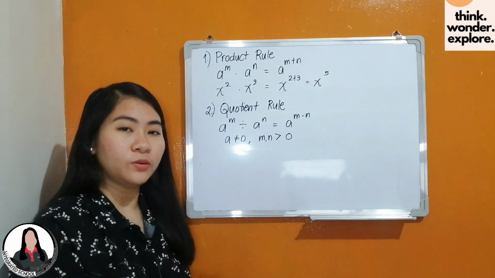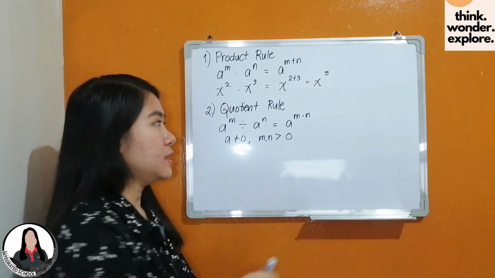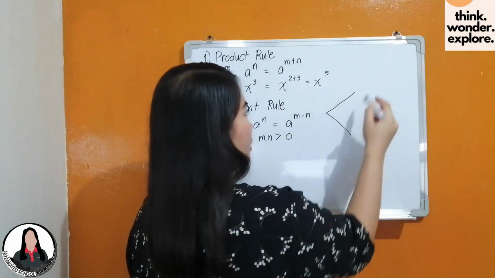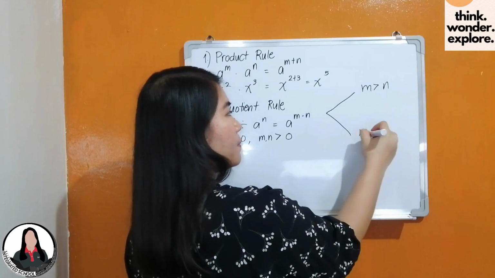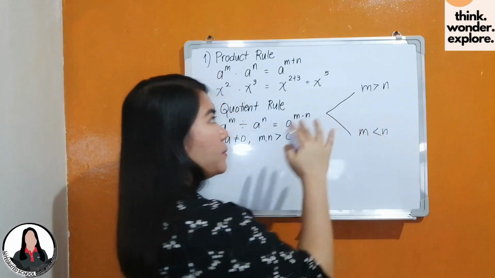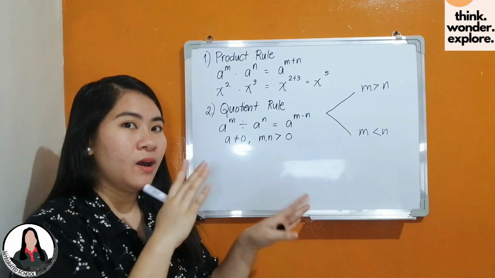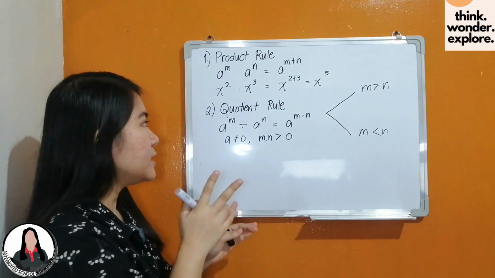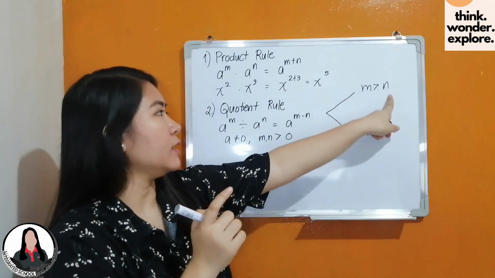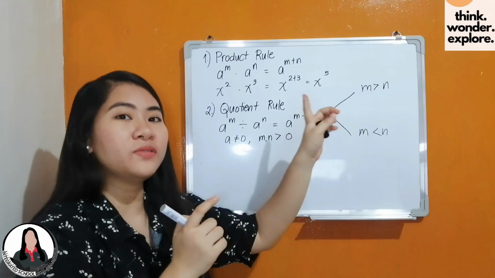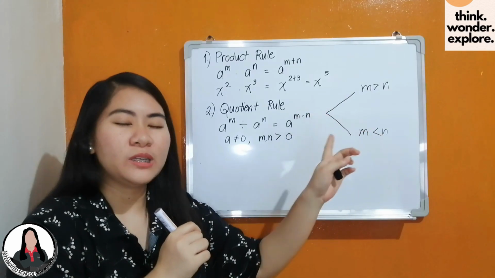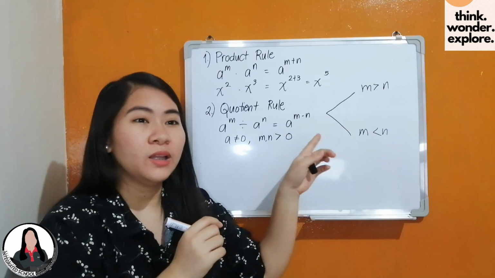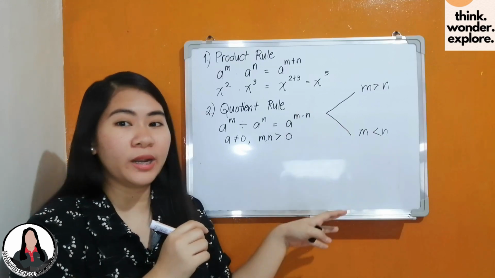However, for the quotient rule, meron yan dalawang cases. It could be m is greater than n or m is less than n. Sabi natin kanina, this m and n are the exponents. So let's say m is greater than n. If the exponent of the numerator is greater than the exponent of the denominator, we just have to raise the common base to the positive difference of its exponents.